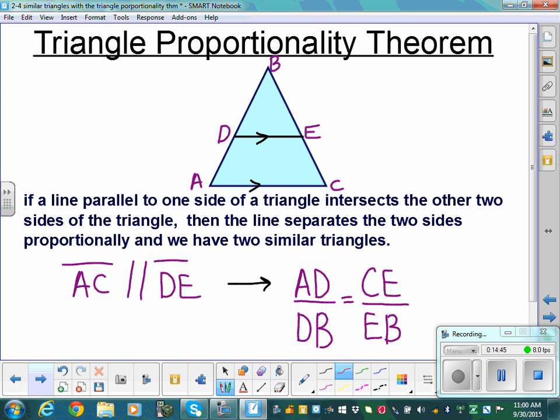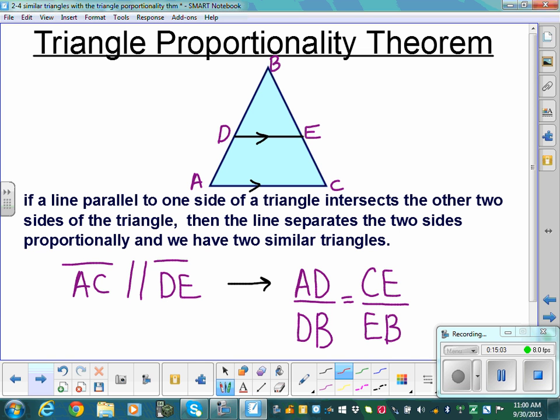All right. So triangle proportionality theorem says, if a line parallel to one side of a triangle intersects the other two sides of the triangle, then the line separates the two sides proportionally and we have two similar triangles. So I'm going to read that again.